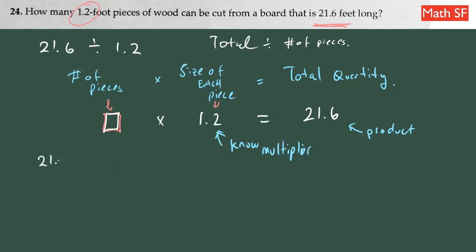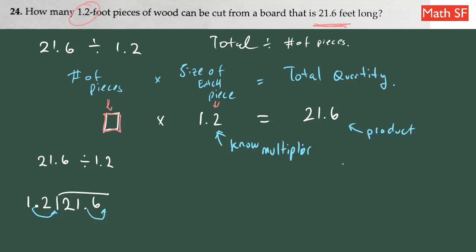So it's going to be 21.6 divided by 1.2. Once again, the first always goes inside, so you're going to have 21.6 inside here, and 1.2 outside. But this cannot be a decimal. So for us to make a whole number, we have to move it one space, and this will move one space as well. So you will end up having 12 divided into 216.